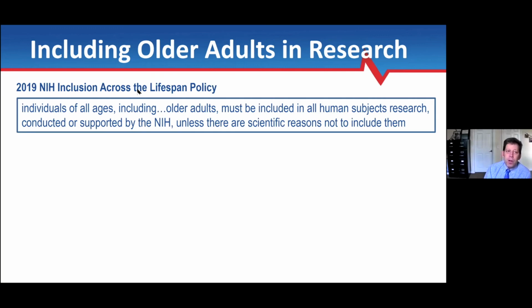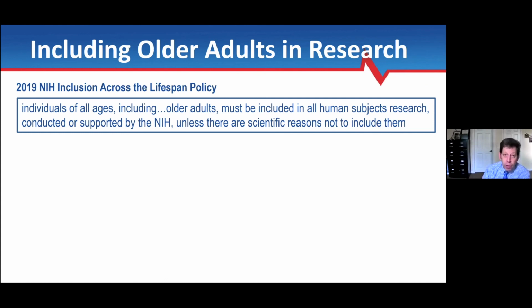First, the 2019 NIH Inclusion Across the Lifespan policy. As you may or may not be aware, NIH now has a policy that individuals of all ages, including older adults, must be included in all human subjects research conducted or supported by NIH, unless there are specific reasons not to include them. So obviously, I suppose research on pregnancy would probably not include older adults.